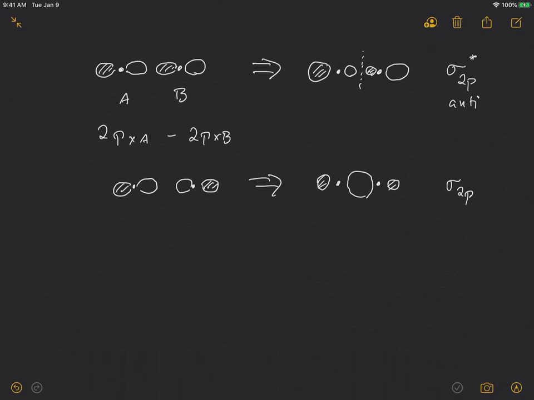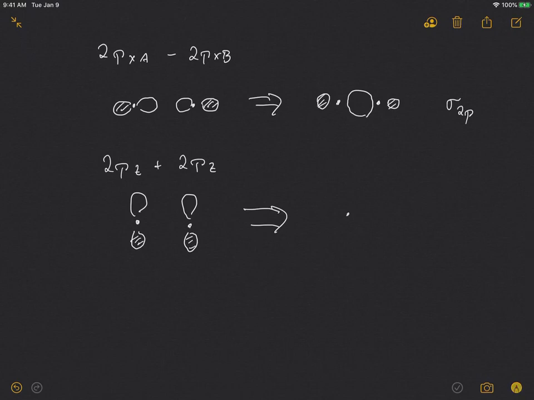Now let's look at the pi type bonds. If we looked at a 2pz plus 2pz, our atomic orbitals are going to look like this. The combined molecular orbital, there's different ways to sketch this.